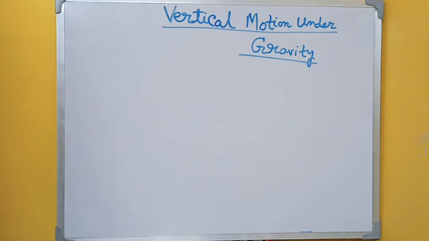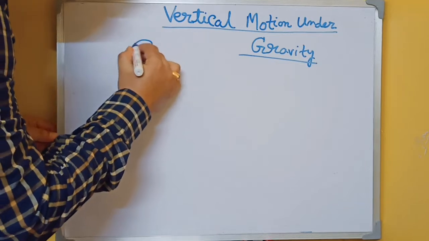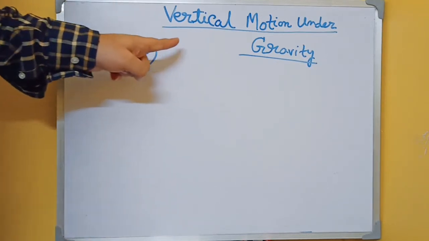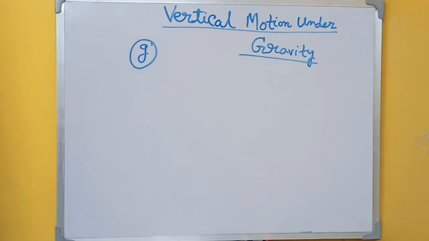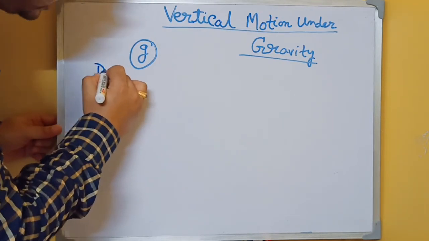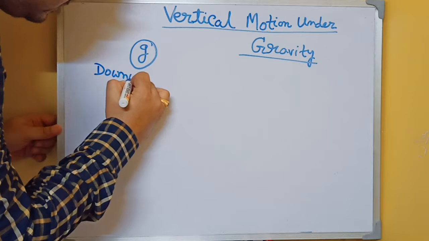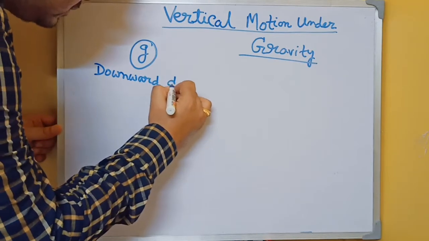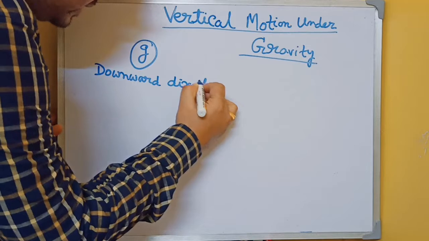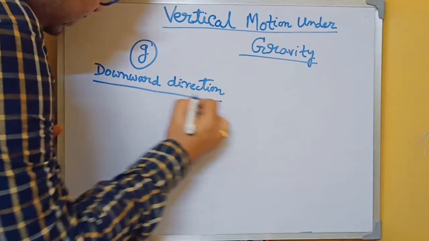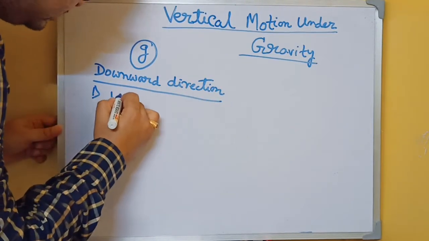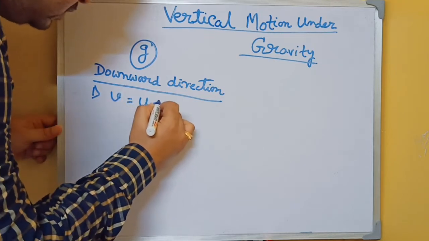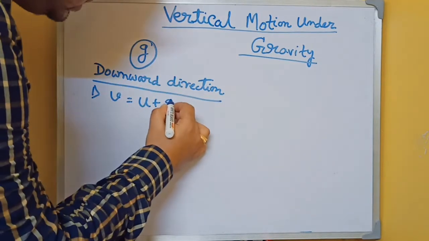Vertical motion under gravity. We know that the acceleration due to gravity is equal to small g. Now if we throw the object upward or the object is falling downward. In the case of downward direction, the velocity will become v is equal to u plus gt.